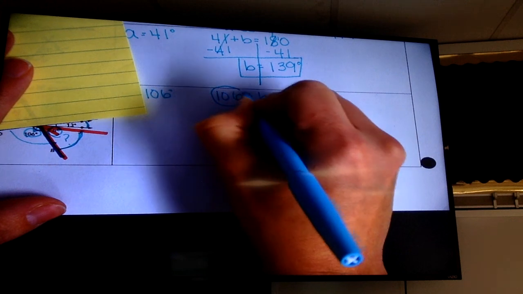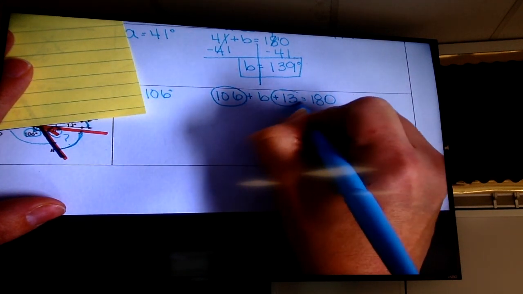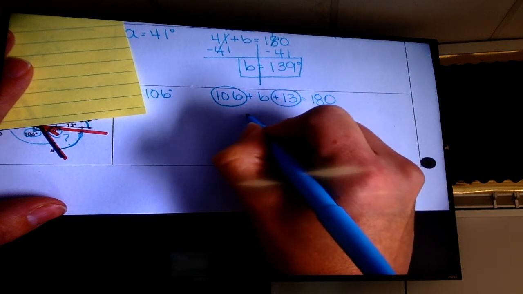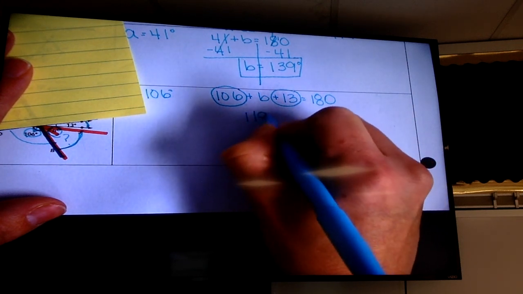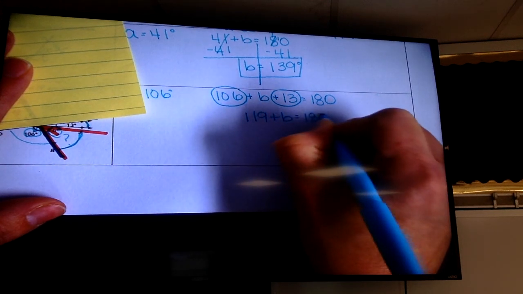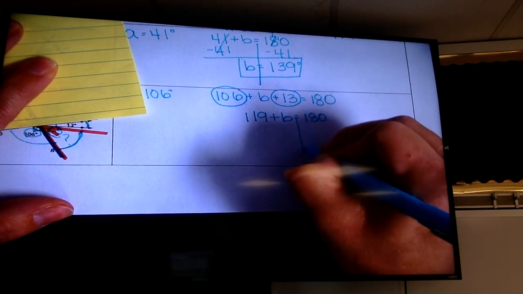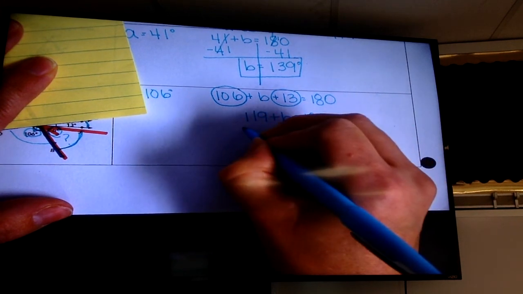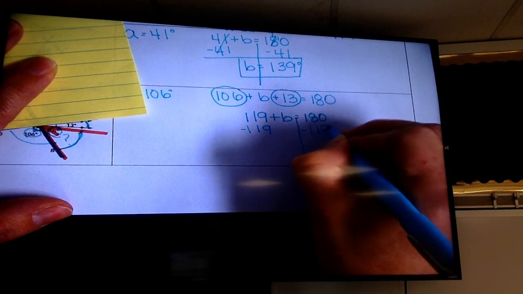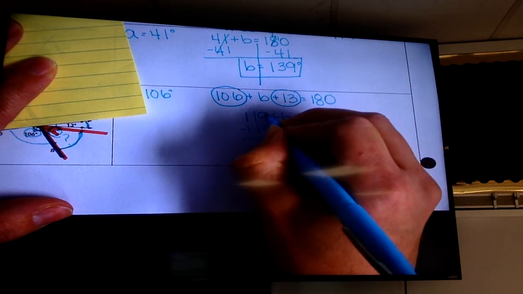So let's combine our like terms. I have two constants here I can combine. 106 plus 13 gives me 119, plus B equals 180 degrees. I'm going to drop my line and solve. This is a positive 119, and the opposite of a positive 119 is a negative 119.